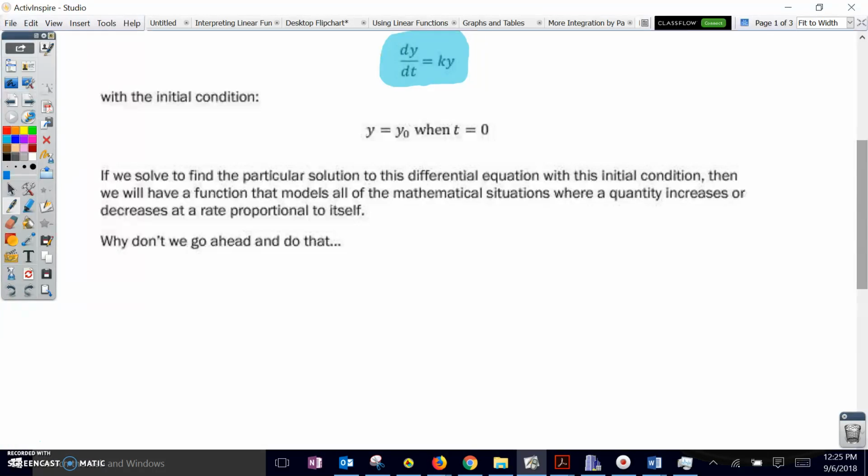So we've got dy dt is equal to k times y. And we're going to solve this using separation. So I'm going to get all my y's and dy's on one side and everything else on the other side. And now I'm going to integrate both sides of this equation.